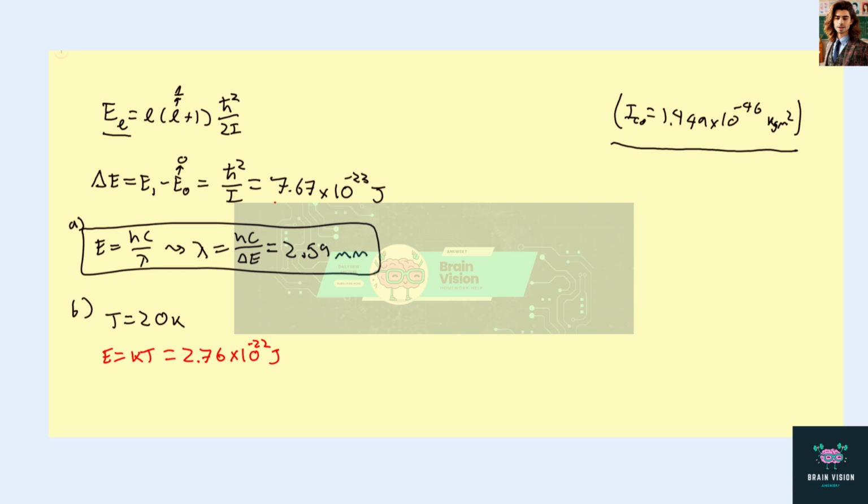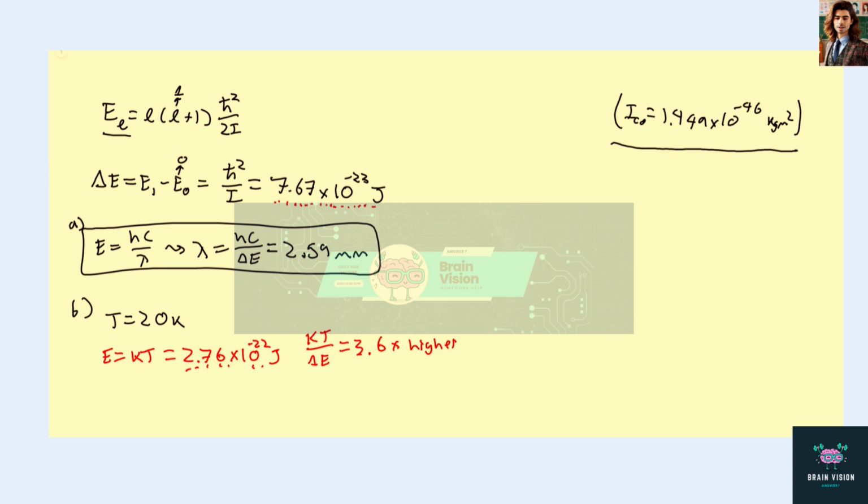If you do a ratio of these two, I'll write it as delta E, so if we do kT over delta E, you see that it is roughly 3.6 times higher.